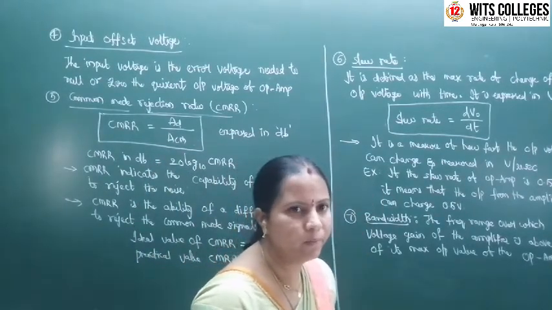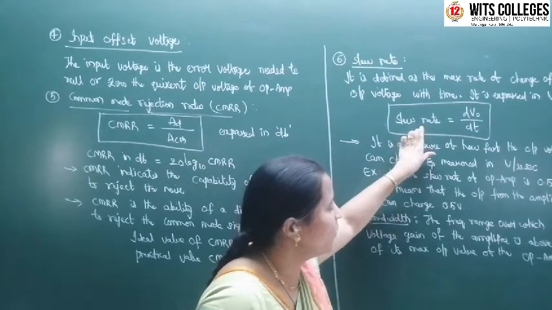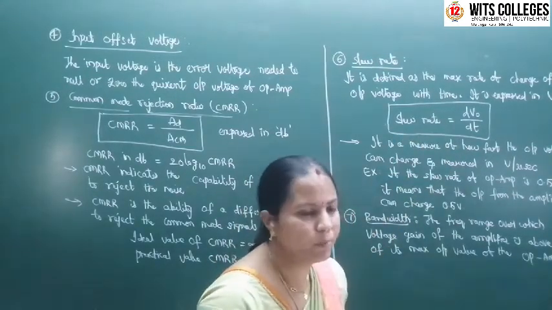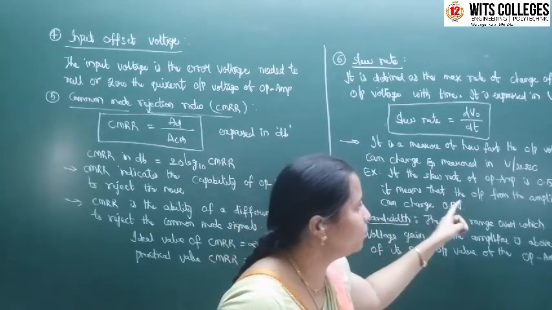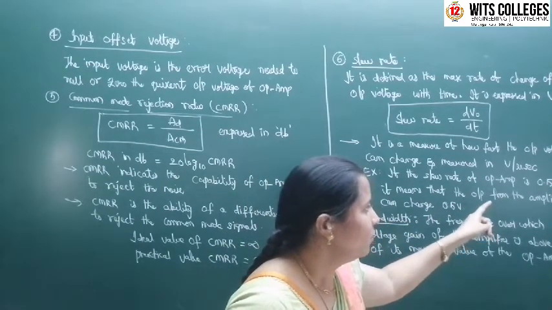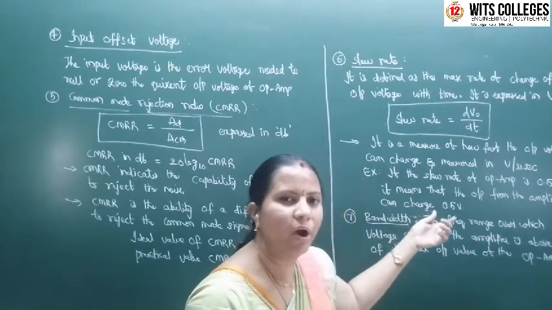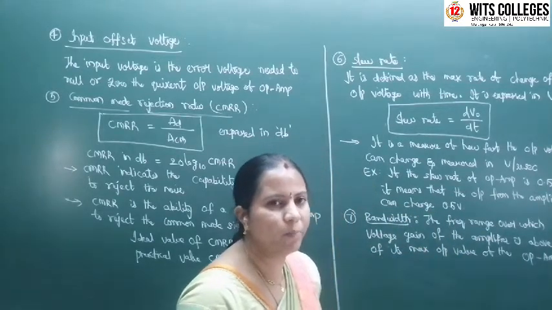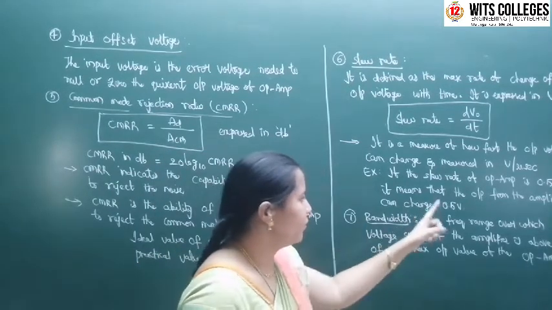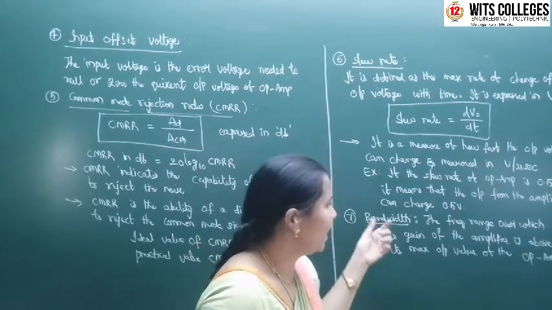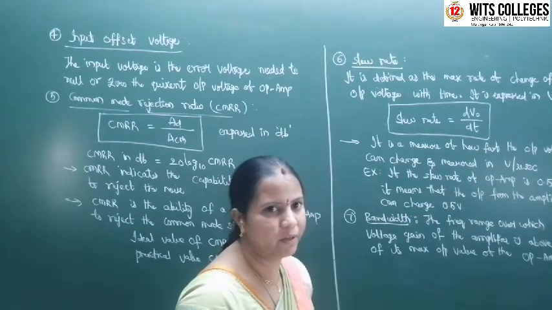Suppose, for example, the slew rate of the operational amplifier is 0.5 volts per microsecond. It means that the output from the operational amplifier can change 0.5 volts.